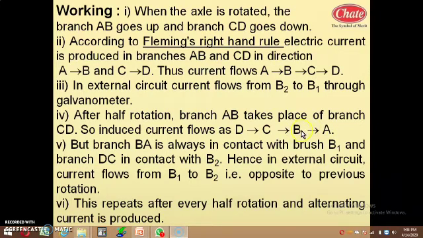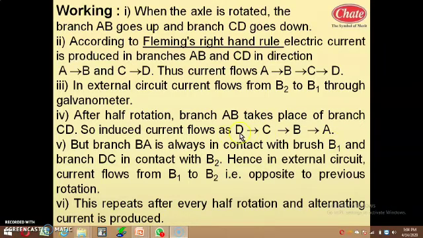At the same time the current is generated in the BA segment also, so that after half rotation the induced current flows D to C, C to B, B to A. But A is connected to ring R1, and branch BA is always in contact with brush B1. So branch BA is connected to ring R1 and R1 is in contact with brush B1.